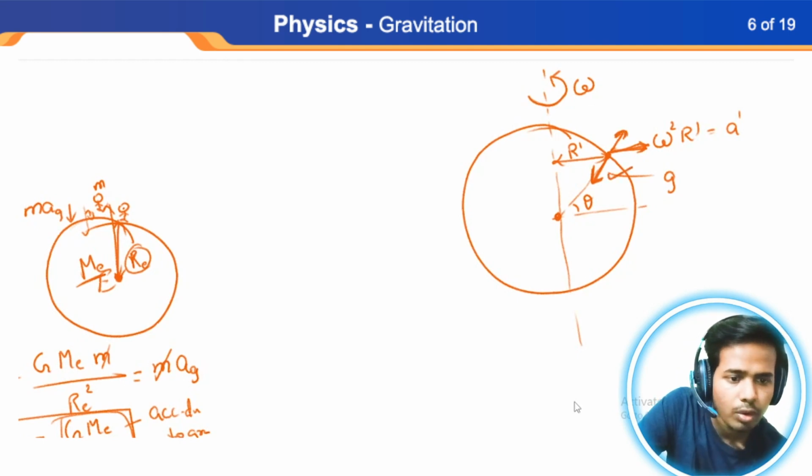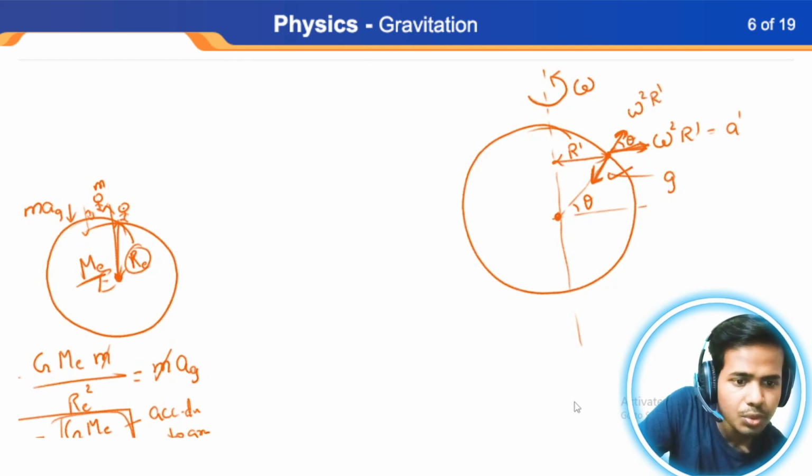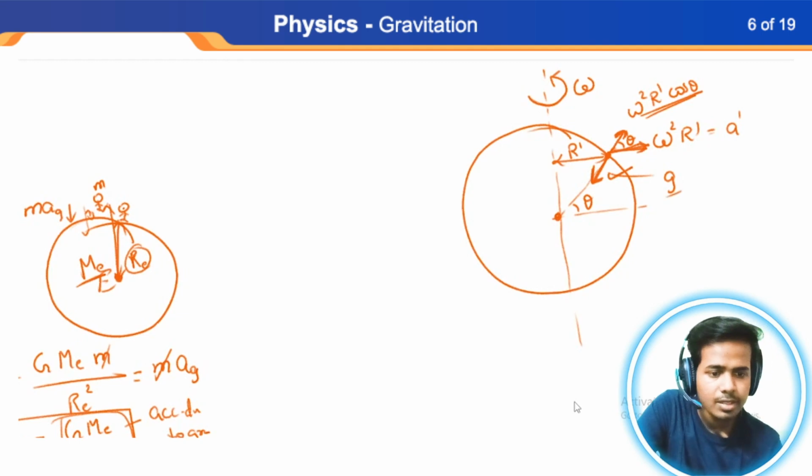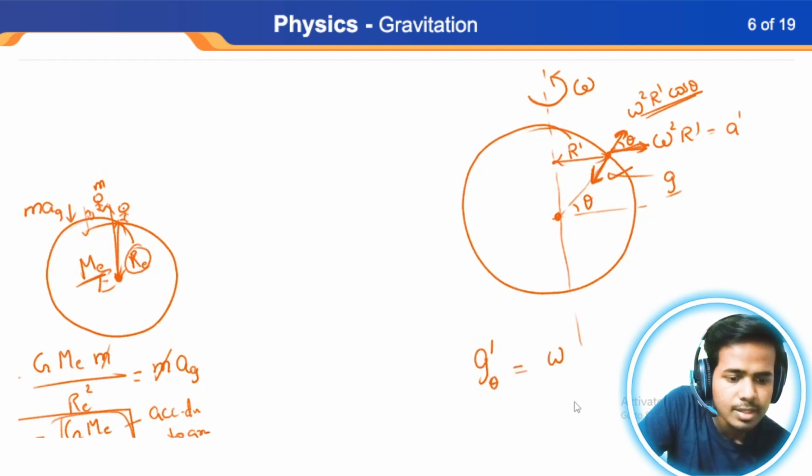Now if this angle is theta, you can definitely write it as omega square r dash into cos theta. This is the acceleration in this direction, and this is g. So I can write g dash at a particular angle theta as nothing but g minus omega square r dash into cos theta.